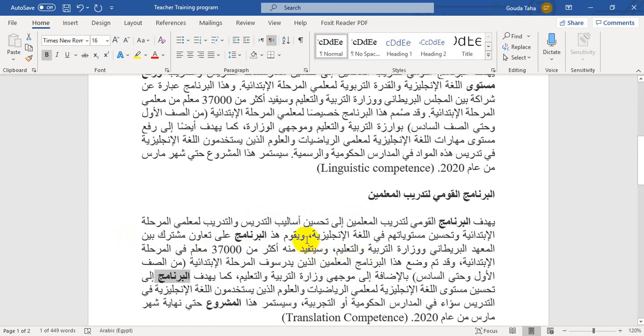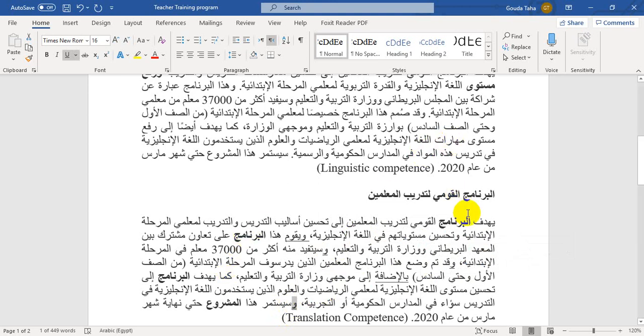So here also I use a conjunction, يقوم and وسيستفيد and قد. So you have two, بالإضافة إلى. So I used a lot of cohesive ties to make my text connected together, and also I make use of the same information here.